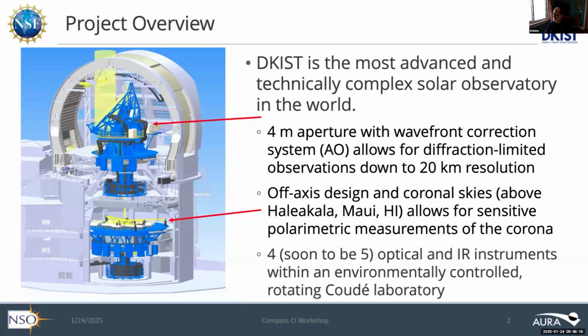quickly. DKIST is at the moment the most advanced and very complex solar observatory. It's got a 4-meter aperture with a wavefront correction system. It's an off-axis design, which means that there are multiple mirrors. I think there are 7 or 8 mirrors in the light chain.